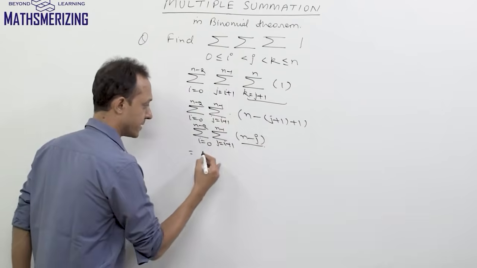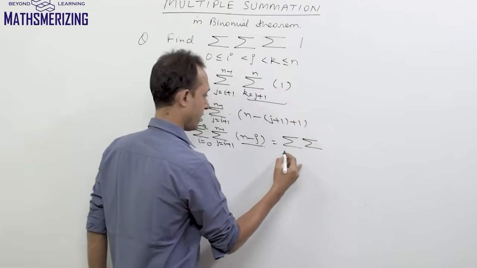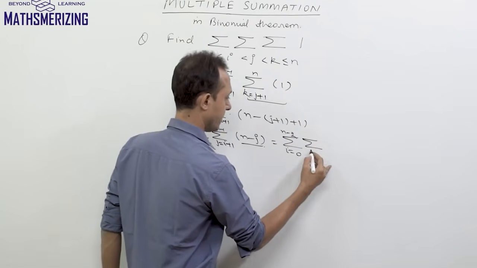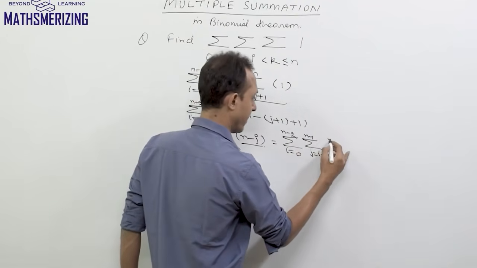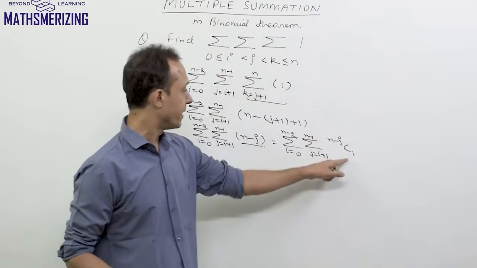I can also express it as summation i varies from 0 to n minus 2, j varies from i plus 1 to n minus 1, and then I'll write it as n minus j C1, because I know nC1 is simply n.